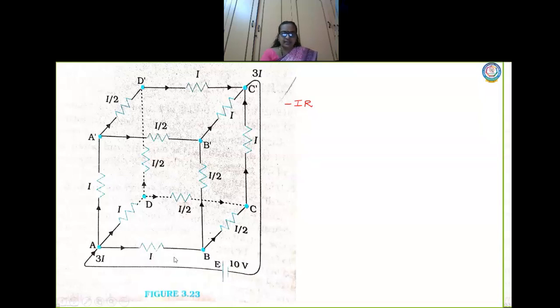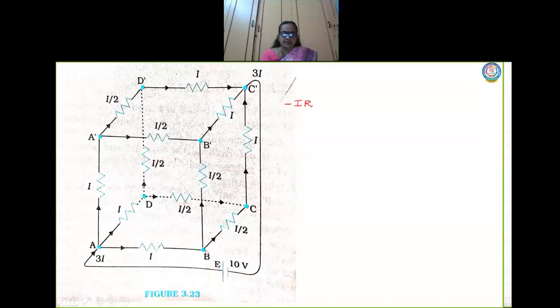Again it is going to this lead. Again the direction of current and the assumed direction are the same, but here the resistor value is R and the current is I by 2, along BC.